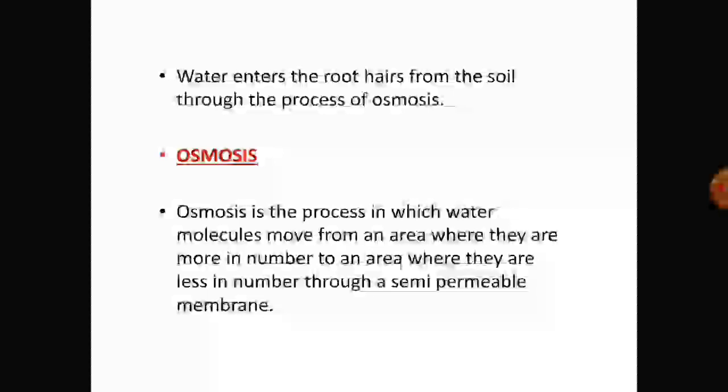So, water enters the root hairs from the soil through the process known as osmosis. What is osmosis? It is a process by which water molecules move from an area where they are more in number to an area where they are less in number through a semi-permeable membrane.